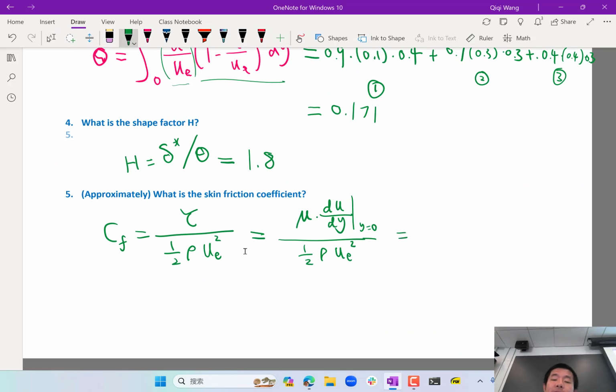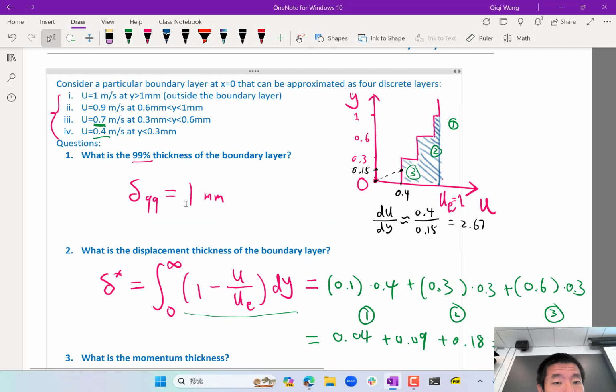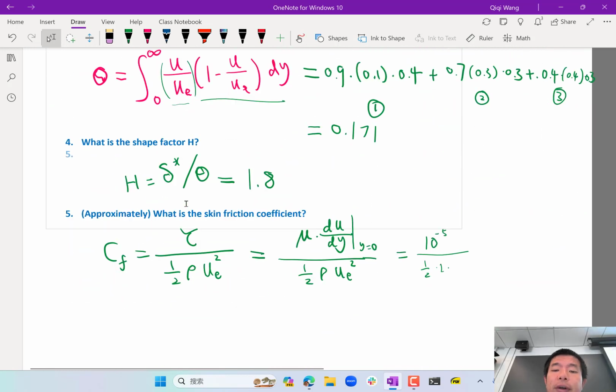So that's something I'm going to plug in, and of course you have to use the viscosity of air and the density of air for this skin friction coefficient, right? So let's just use a rough order of magnitude number. Viscosity of air is 10 to the minus 5, and let's just use a density equal to 1, and 1 meter per second as the velocity. So the denominator is just a half.